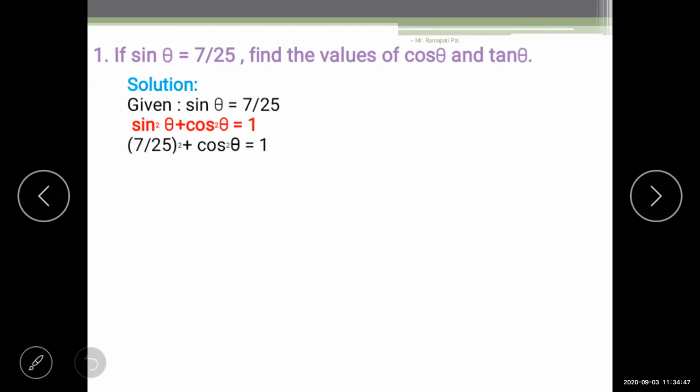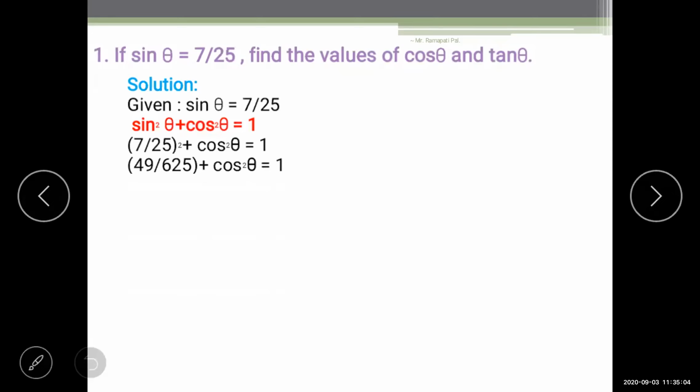Okay. So 7 square is 49 and 25 square is 625, which means 49 upon 625 plus cos square theta is equal to 1.